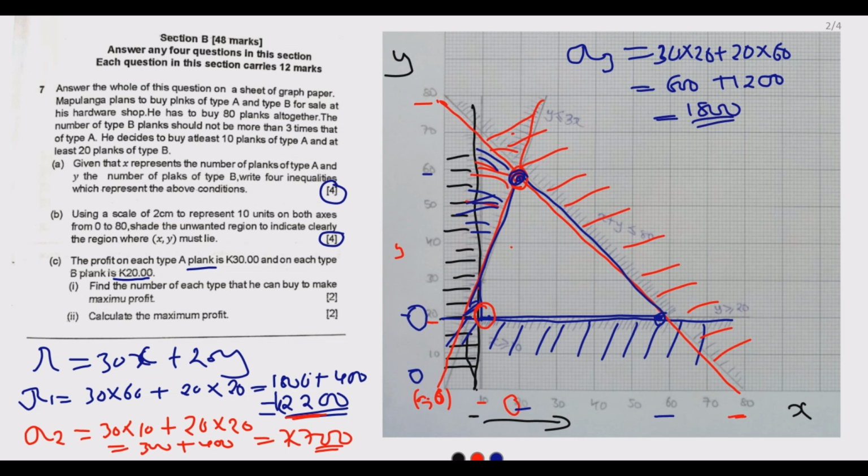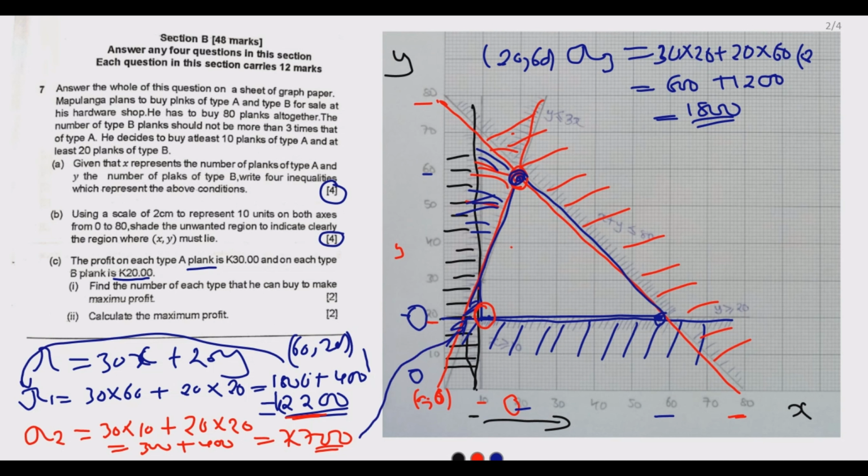So at this point, remember, this is 20, this is 60. Then here this is 60, 20, for profit 1.